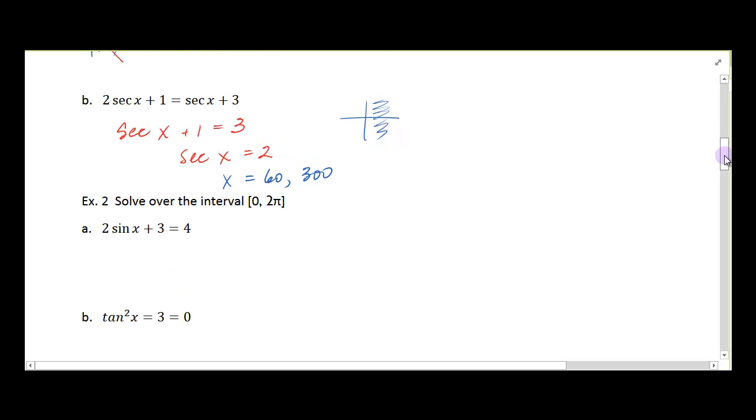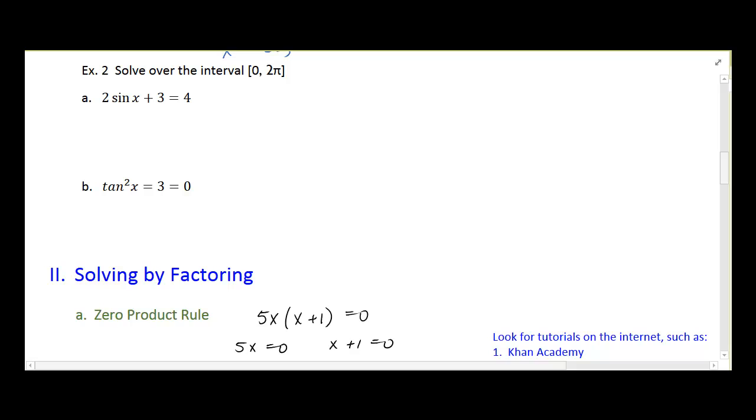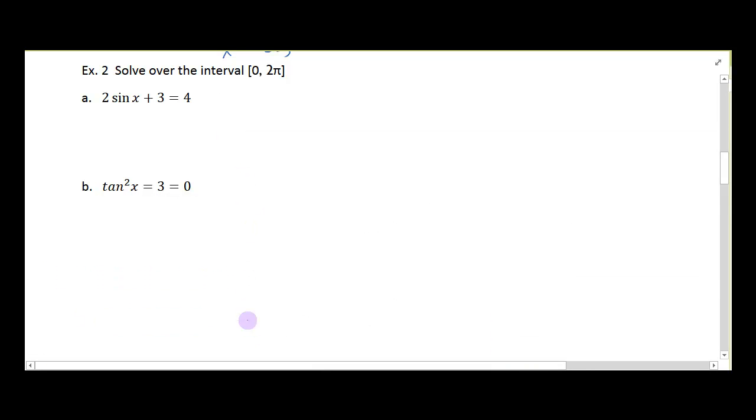Let's try two more examples, only this time we're going to do them returning radian values, or we're going to solve them on the interval between 0 and 2 pi. So again, for this first example, we are trying to get sine x by itself. So I'm going to subtract 3 from both sides, and I have 2 sine x is equal to 1. Then I divide both sides by 2, and I find out that sine x is equal to 1/2.